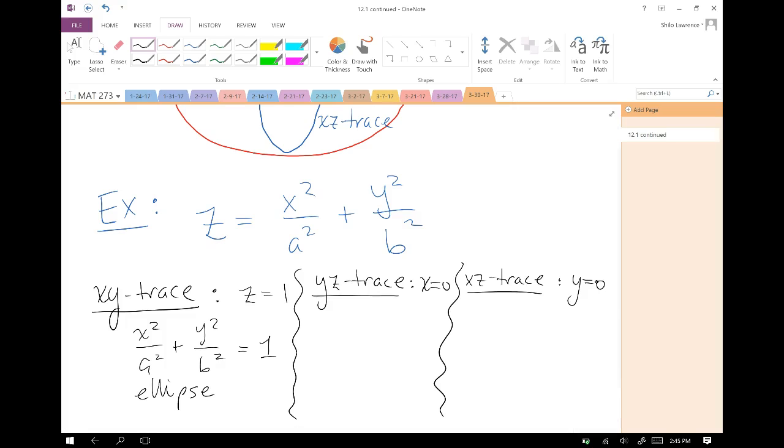If we let x equals 0 to find the yz trace, what two-dimensional equation are we left with? No, we're going to let y squared over b squared. The b is just a number, so don't let that mess you up.